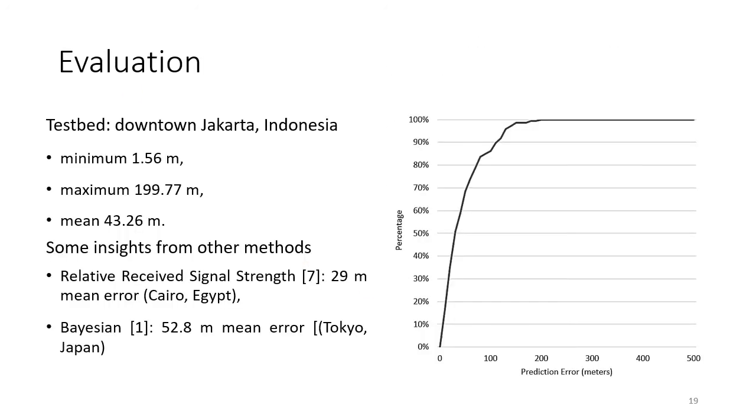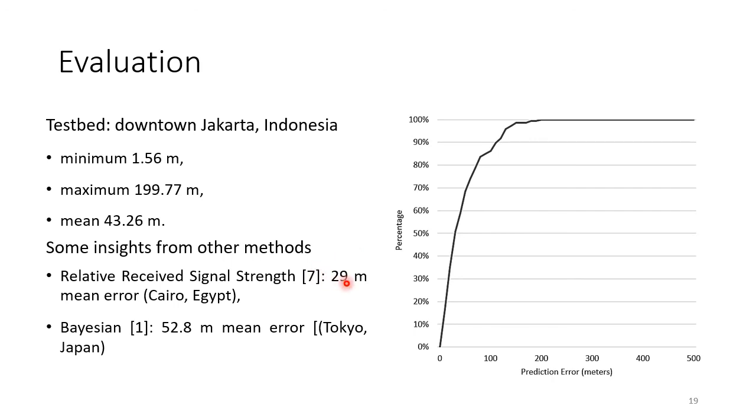We tested the method in downtown Jakarta, Indonesia, and the test results are as follows, giving a minimum of 1.56 meters, a maximum of 199.77 meters, and a mean error of 43.26 meters. We don't have implementations of other methods in our testbed.